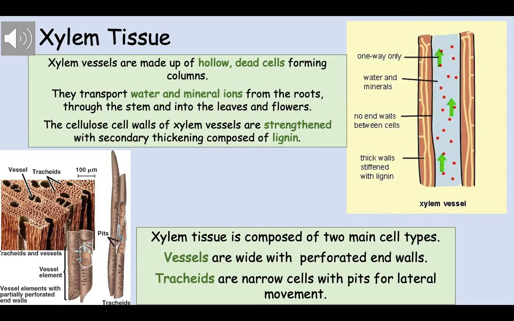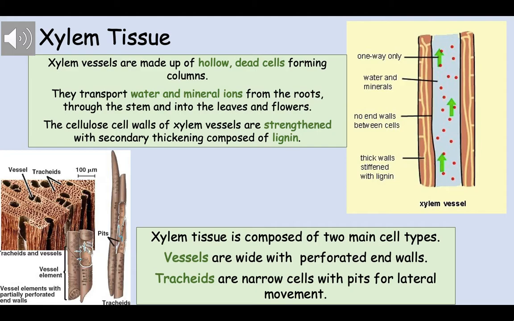So the main function of the xylem tissue is to transport water and mineral ions only. So we're not talking about sugars yet, we are purely talking about the movement of water and mineral ions through the plant. This will take place in the xylem tissue. Now, something quite special about the xylem tissue is it has a very important function, moving water and mineral ions through the plant.